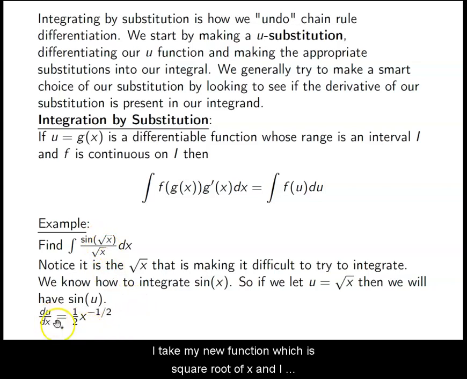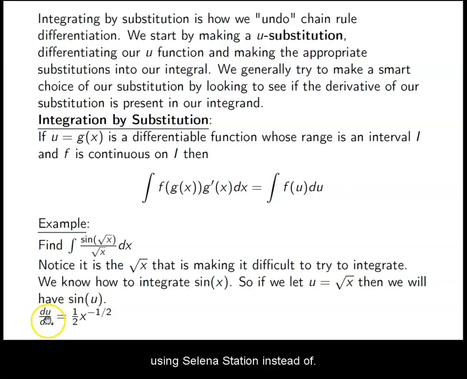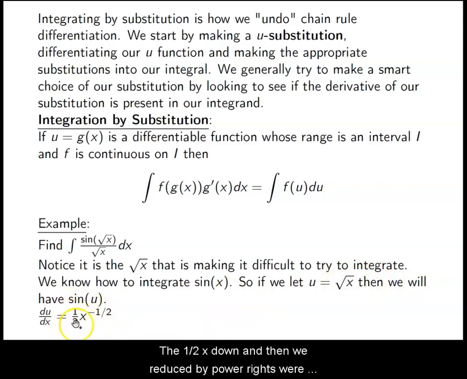So I take my u function, which is square root of x, and I differentiate it with respect to x. So Leibniz notation means u prime here turns into du over dx, right? So I'm using the Leibniz notation instead of prime. Square root of x, we know the 1/2 multiplies down, and then we reduce by a power, right?